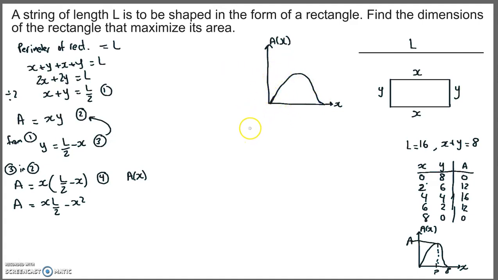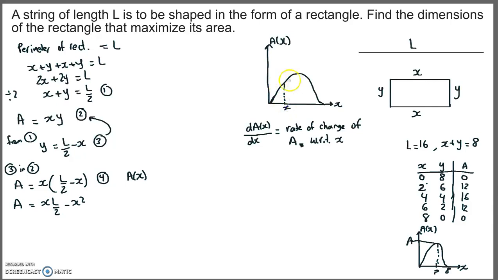So if you remember, if we take the derivative of A with respect to X, the area is a function of X, this is the rate of change of A with respect to X. dA by dx, that's the rate of change of A with respect to X. And it has a geometric interpretation, which is if we pick a point here, then dA by dx is actually the slope of the line at the point that we selected.